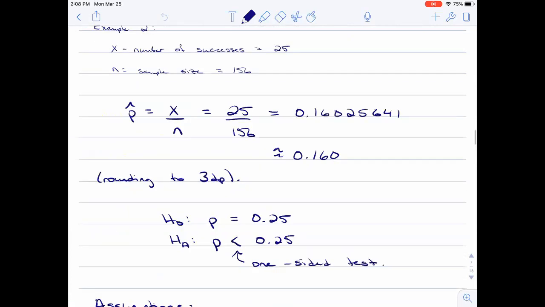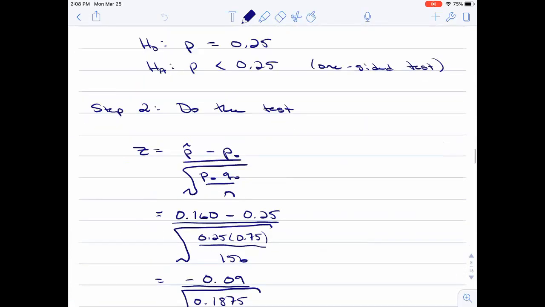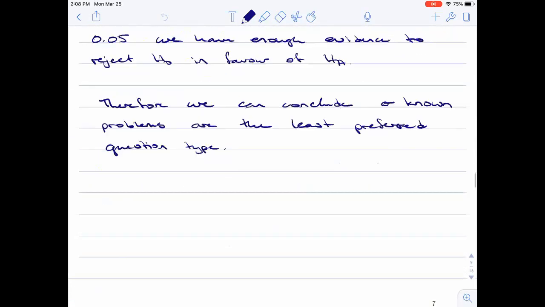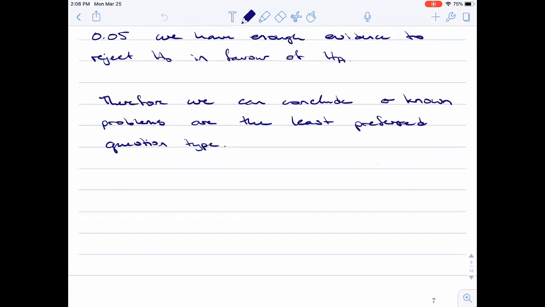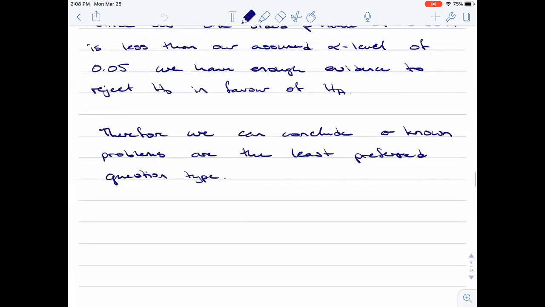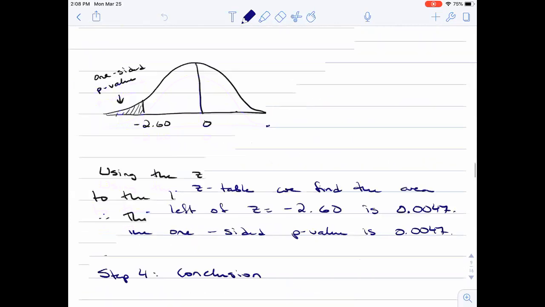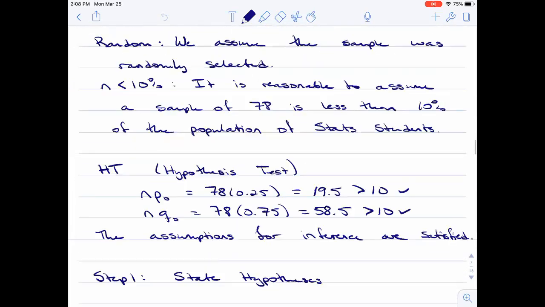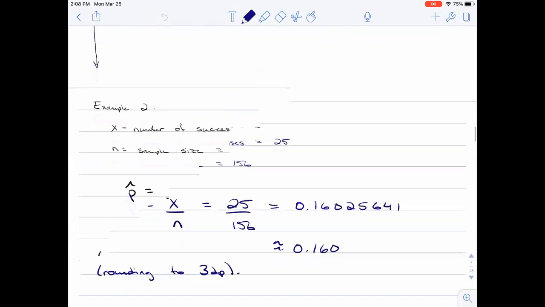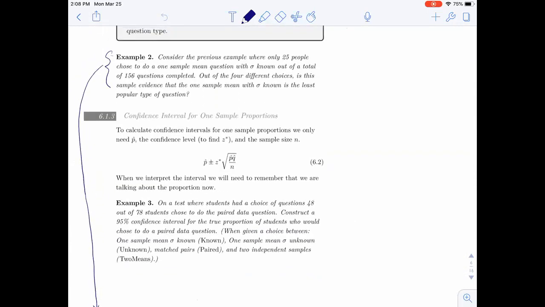I think we finished a little early, or maybe I ran out of time. I can't remember. So a week ago-ish, we finished hypothesis testing for one sample proportion. So now same deal, we're just gonna keep going and do a confidence interval for one proportion.